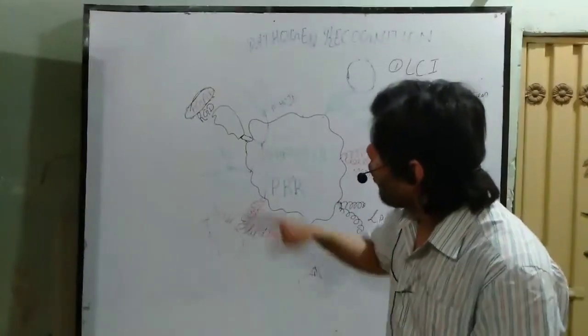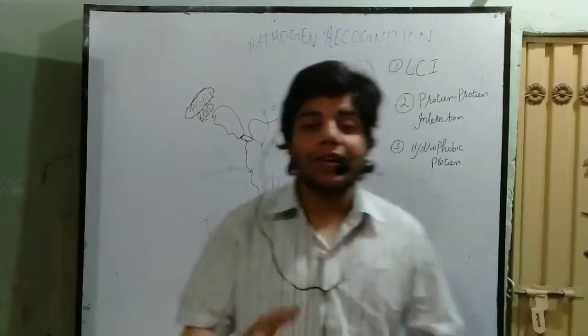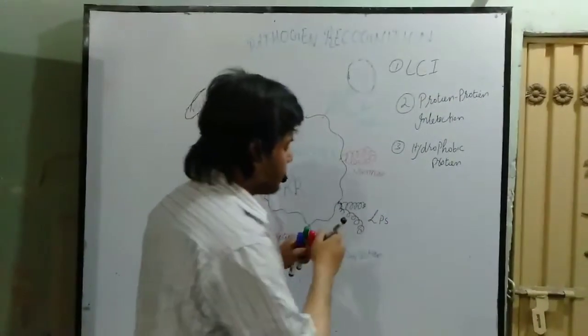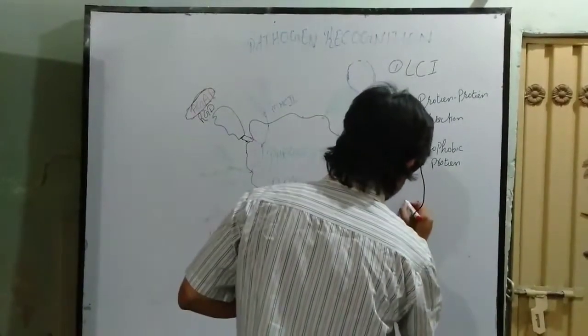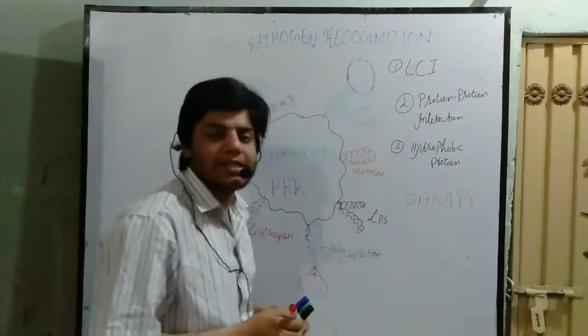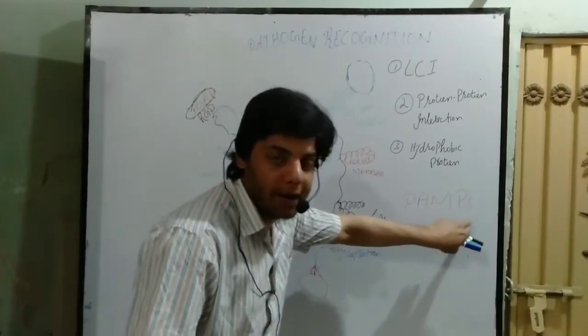Now, all these molecules which are present on the bacterial surface and which are detected by the phagocytes, we call PAMPs. What do we call these molecules? We call each molecule a PAMP. Now, what does PAMP stand for? Pathogen associated molecular patterns.